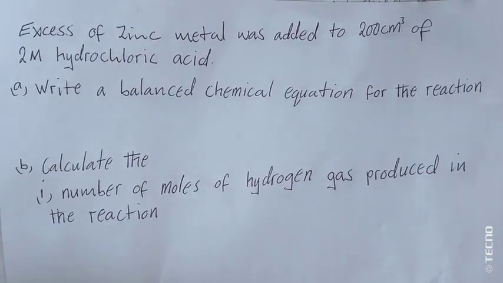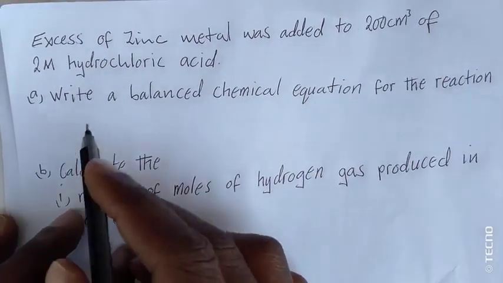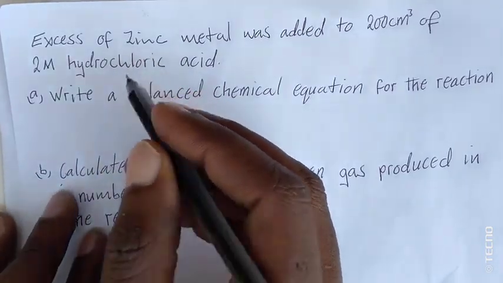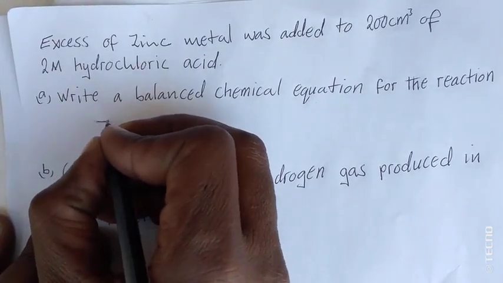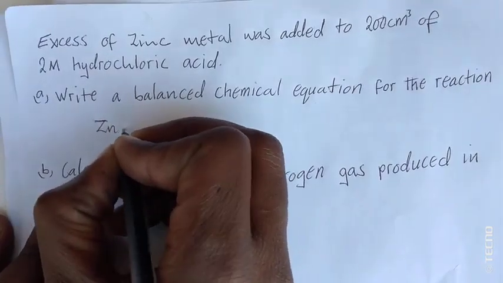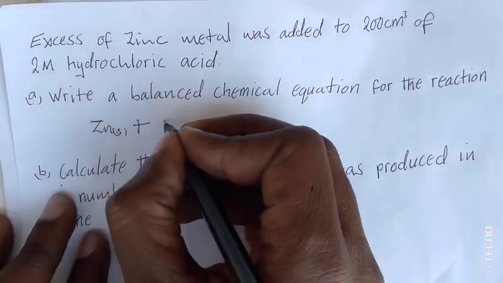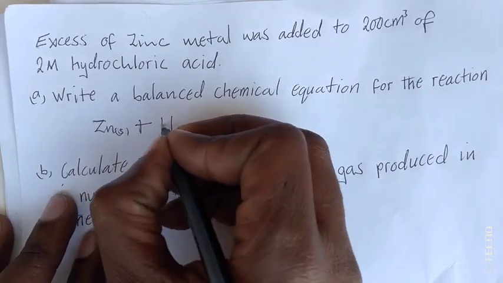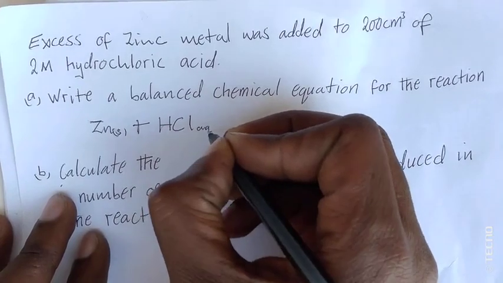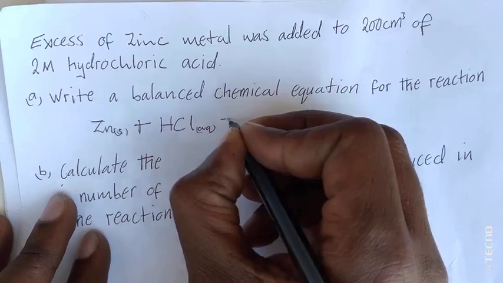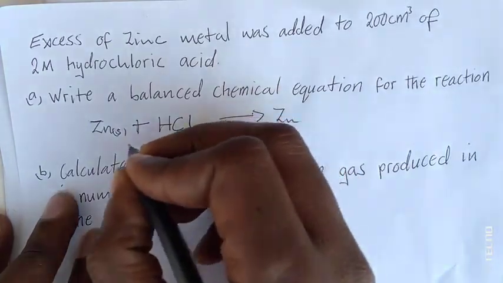So now the first one, we'll just write the balanced chemical equation. What we have been given is zinc, which is solid. This one will react with hydrochloric acid, which is aqueous, and it will give us zinc chloride.